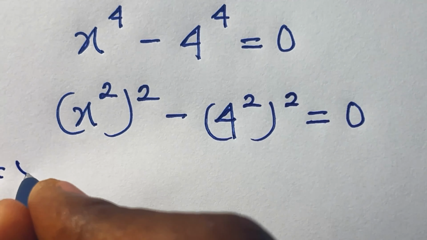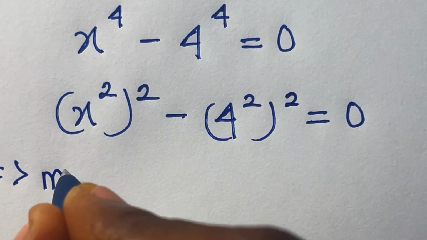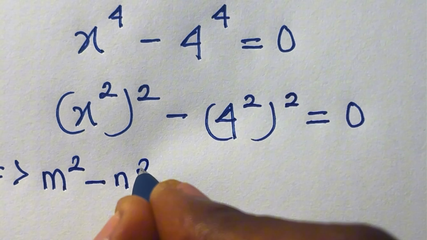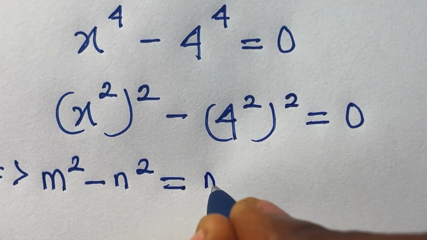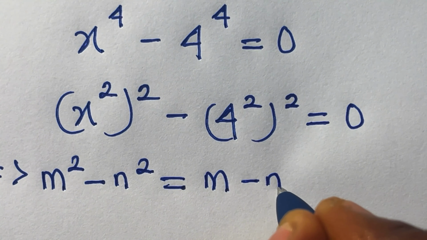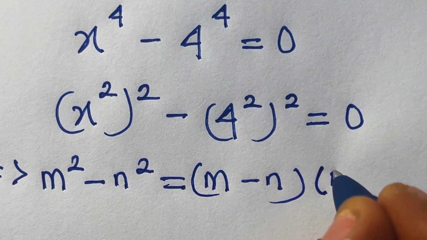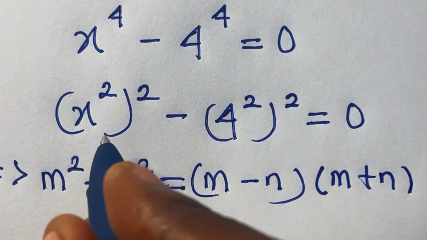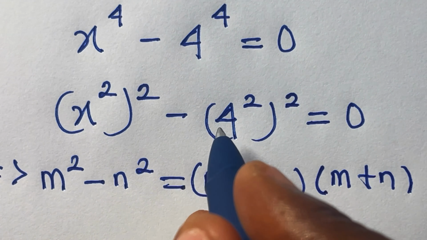If you recall, m square minus n square equals m minus n multiplied by m plus n. So we observe that this has become a difference of two squares.